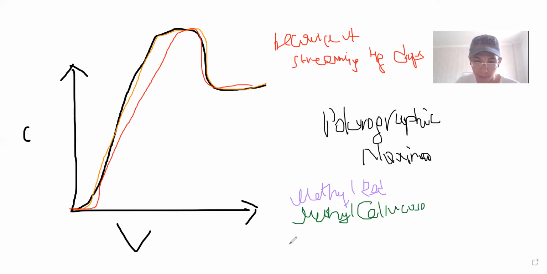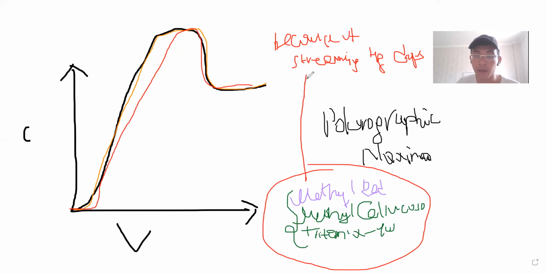And the last one is Triton X-100. We have to add these reagents to our substance to avoid streaming Hg drops. So in this situation, we'll get a very beautiful and very accurate answer.